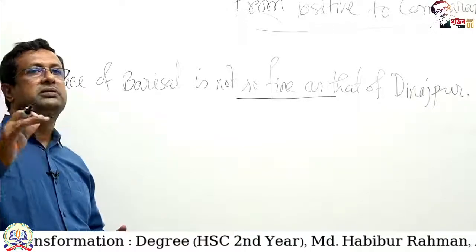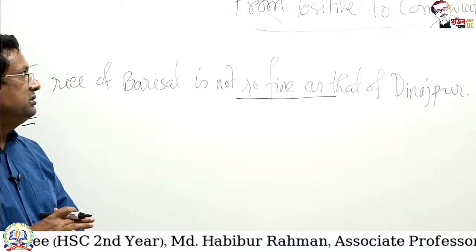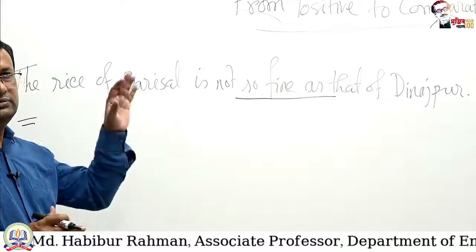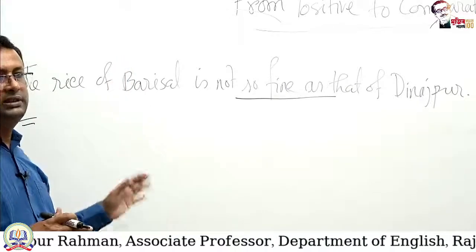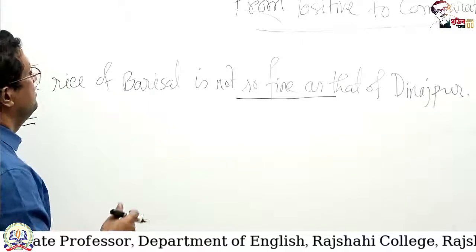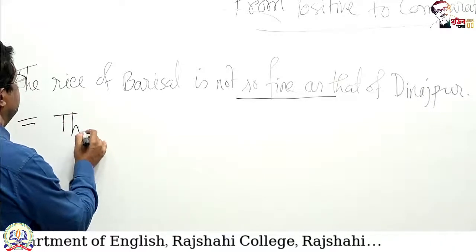In case of changing from superlative to comparative, we don't need to change the subject. But here, from positive to comparative, we have to change the subject. So, the rice of Dinajpur should be mentioned as the subject.